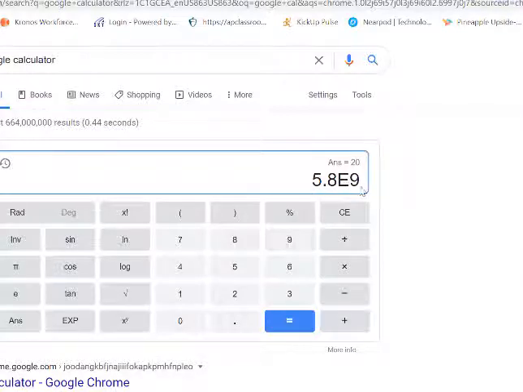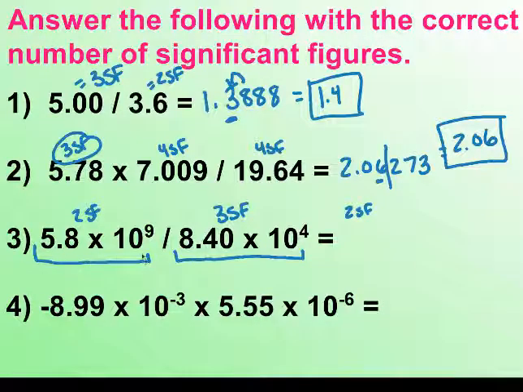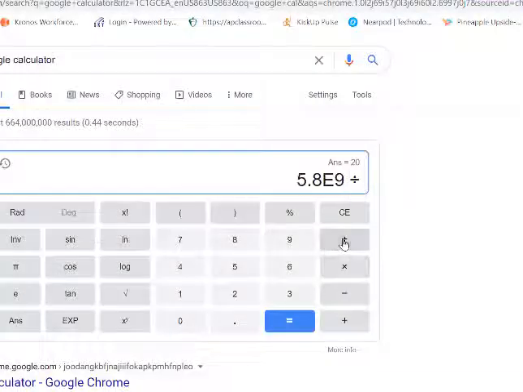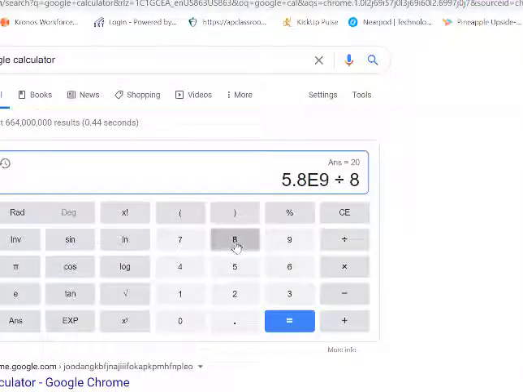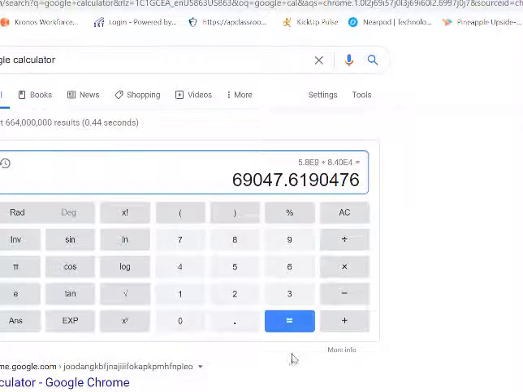So 5.8 times 10 to the 9th. That was this. Now I want to divide. So divided by 8.40 times 10 to the 4th. I hit enter, and I get this large number here.